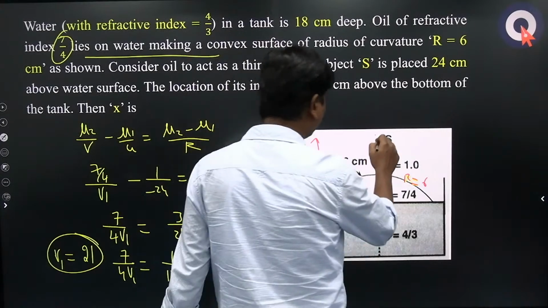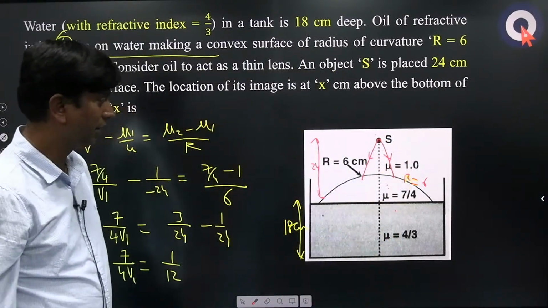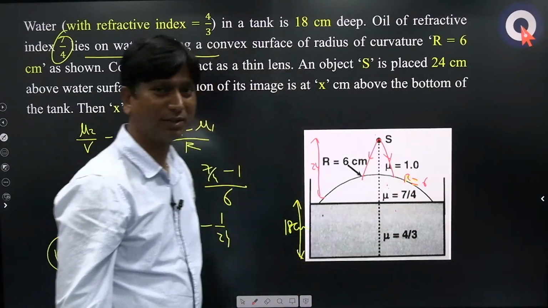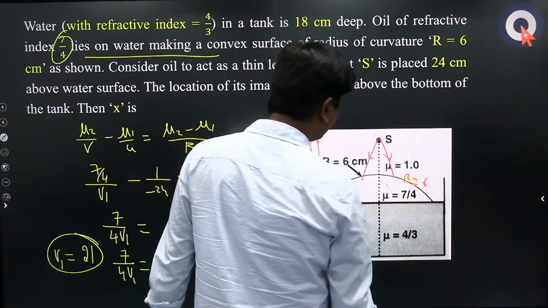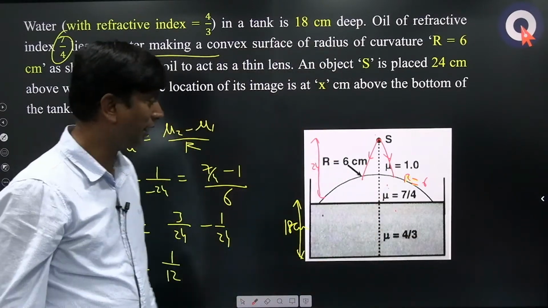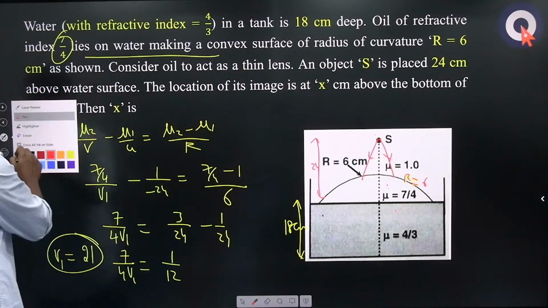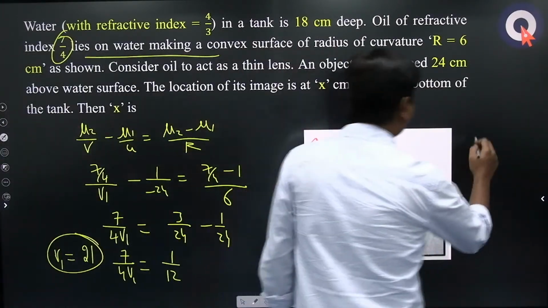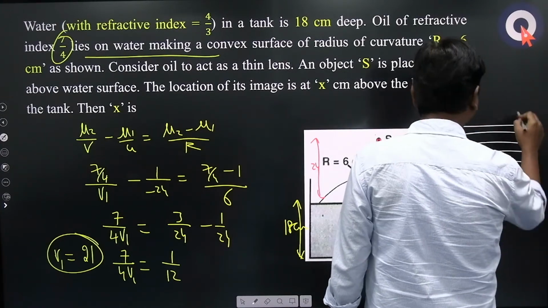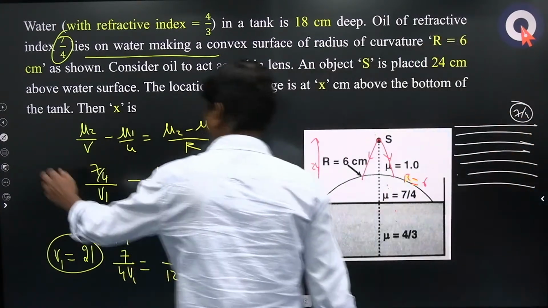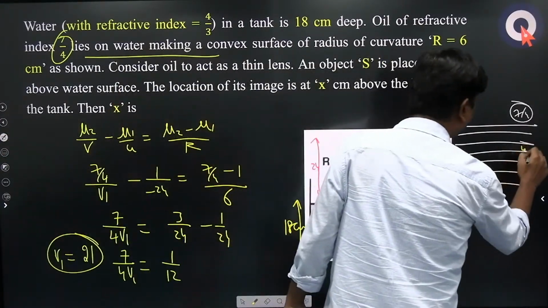First it will have diverging rays like this. They'll try to converge at 21. And actually this is a very thin layer only, right? So they'll try to converge at 21. But when it's trying to converge at 21, again there is a medium change from 7 by 4 to 4 by 3. So here it is 7 by 4 and here it is 4 by 3.